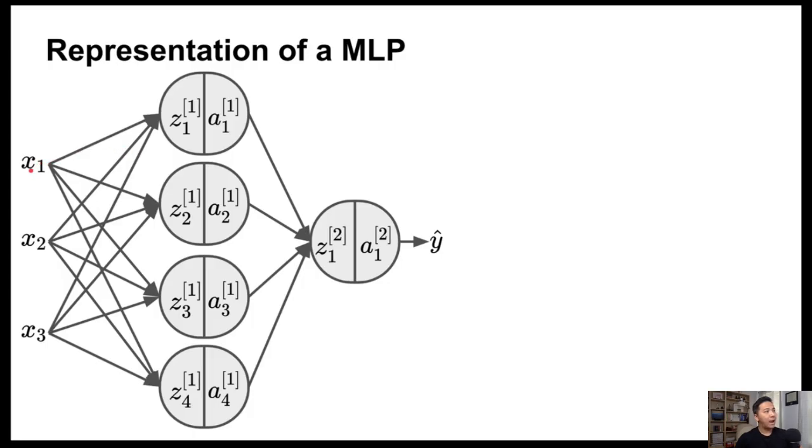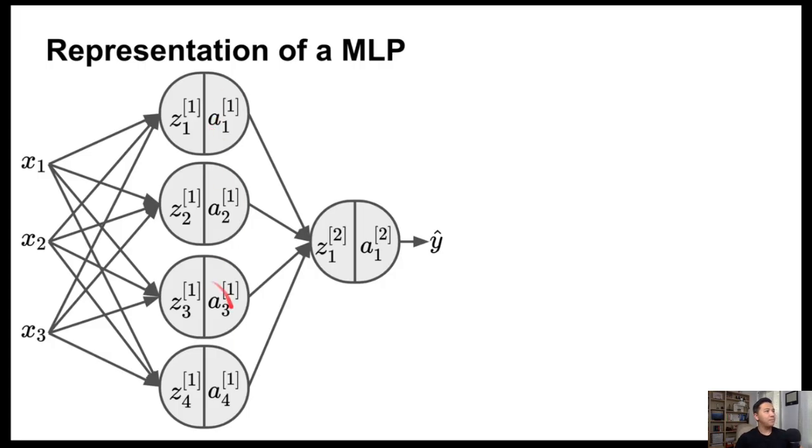And then we also have the activation part, where you apply a function sigma to the response value Z to obtain the activated value A. And so on and so forth, true for every single node in our network.